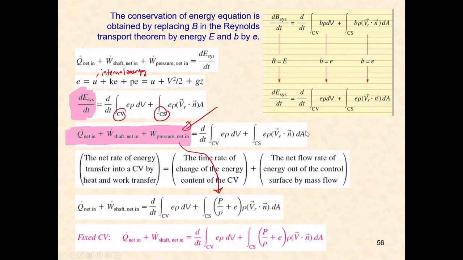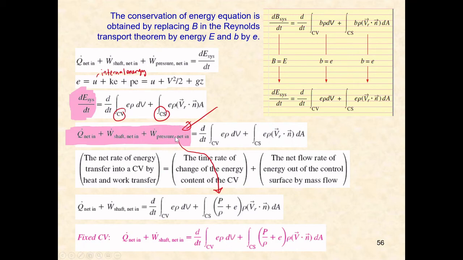Apart from mass movement, we also have energy transfer, heat transfer. Heat can enter the system, the Q net in, and there is also work done on the system, shaft work as well as pressure work.